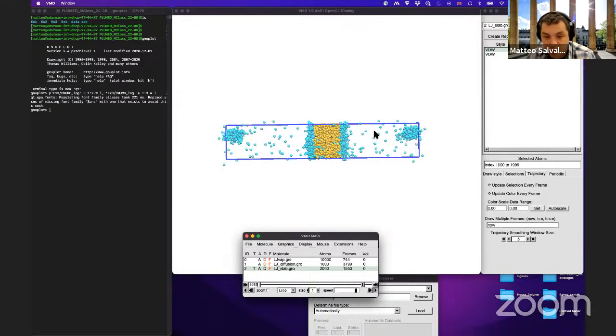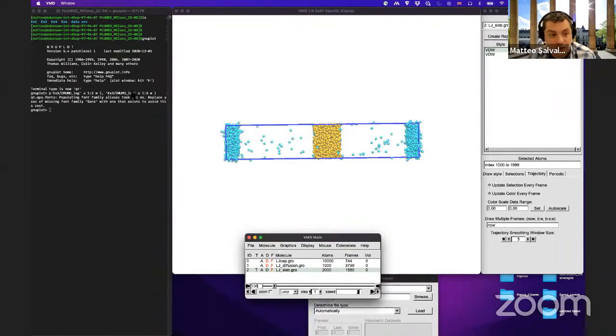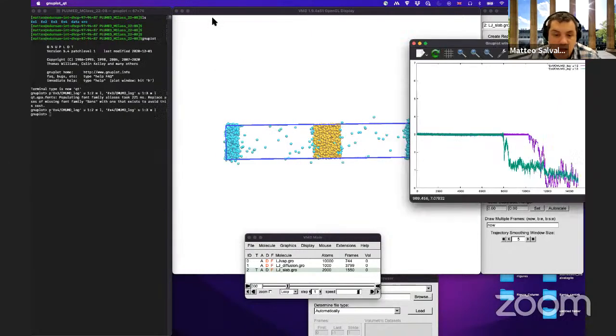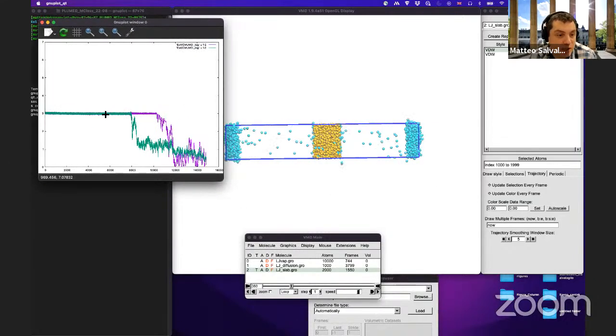That said, the evolution between the onset of a steady concentration gradient and the moment the reservoir becomes empty is a steady state condition. This is what happens to the density in the two controlled regions. There is a very short equilibration period, and then the system evolves under steady state conditions.